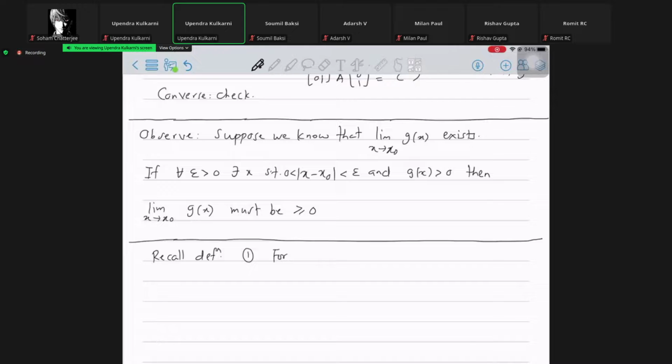Yeah. And in that case, let me just say that we will use this definition for C1 functions.